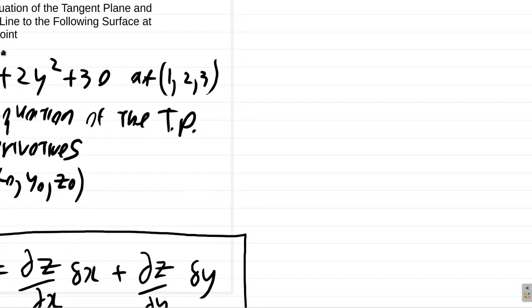Let's look at the normal line over here. So we had TP before, tangent plane. Now let's call the normal line NL. Right. Now, what's the equation of the normal line?